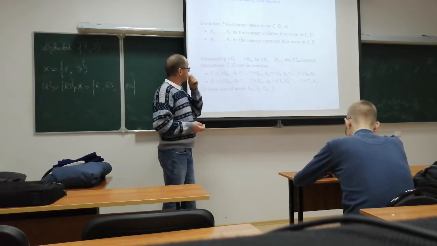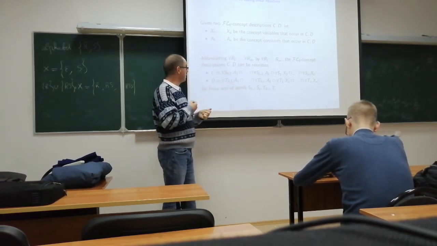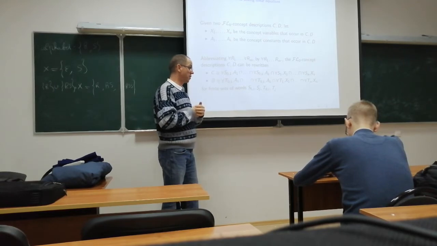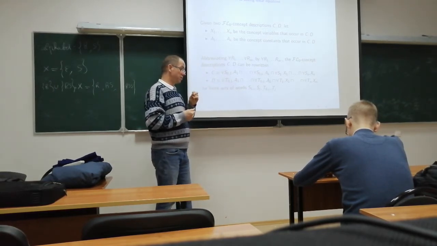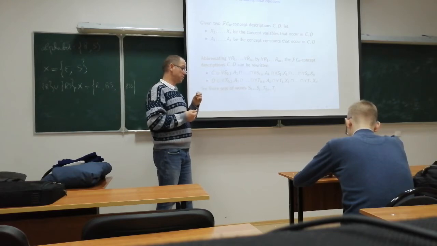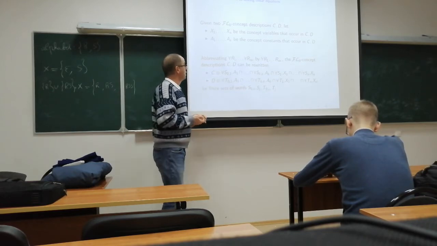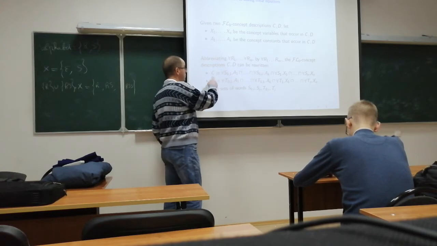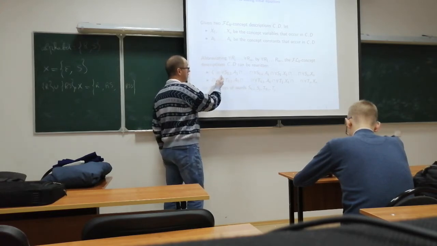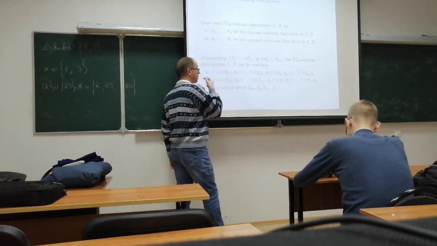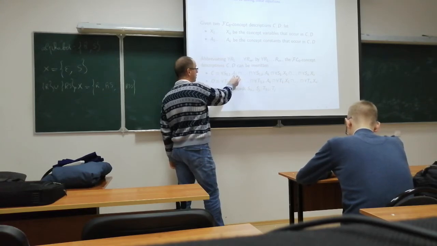And therefore, using the associativity, commutativity, idempotence of the conjunction, and using the fact that conjunction has a unit which is the Boolean constant true, it is possible to rewrite the concept C and D in this way, like a kind of normal form, conjunctive normal form.